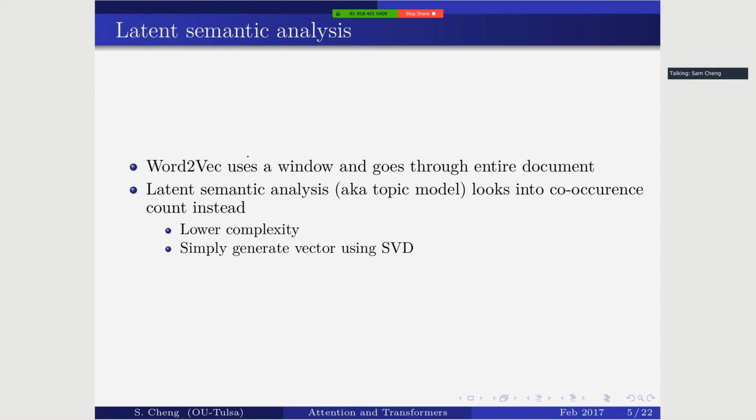And that's actually the core idea of a very famous topic before deep learning in language processing, called latent semantic analysis, or sometimes also known as topic models. So we will just look into the co-occurrence count.